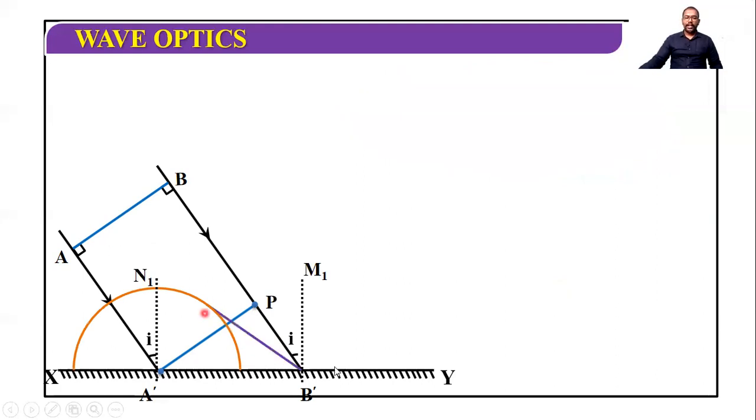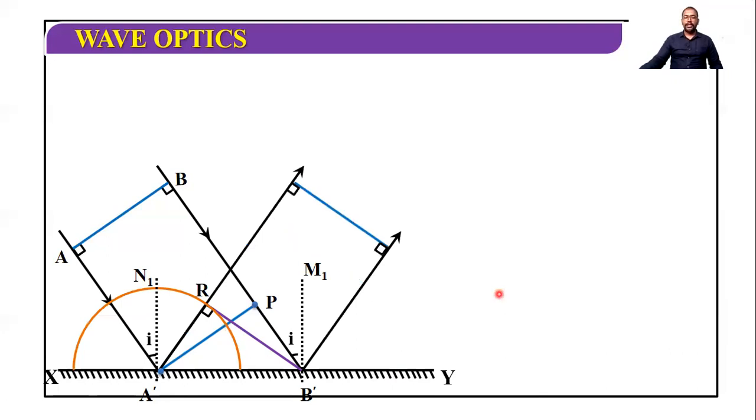So let me draw a tangent to this semicircle from the point B, and it touches here. Let me give the name R to that point. Then we have to join A dash to R, and this angle is 90. And this R B dash is the reflected wavefront. So this is the reflection of wavefront diagram.